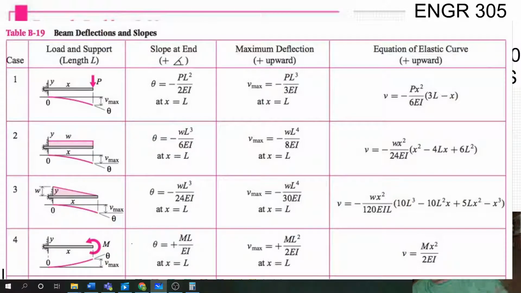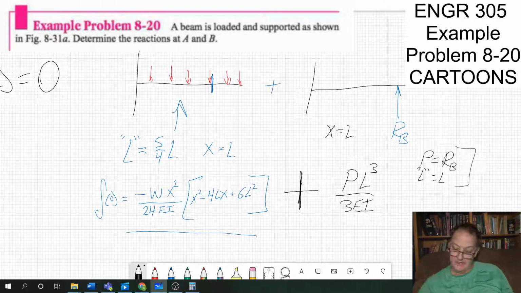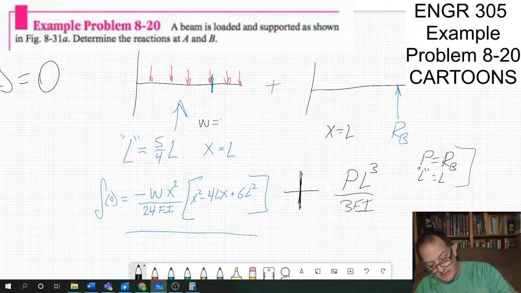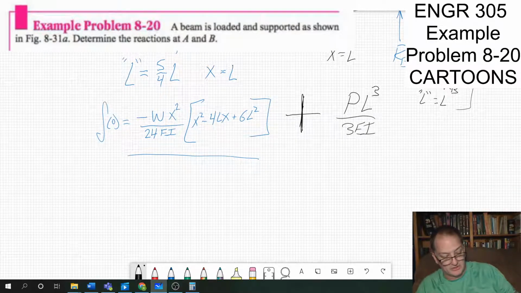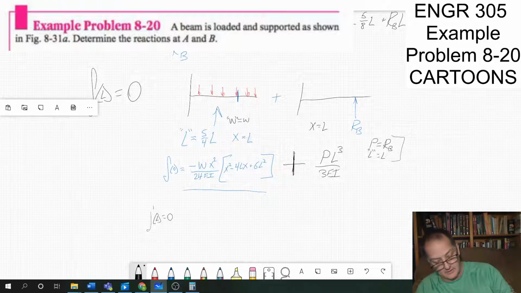In this case, P is equal to RB, L is equal to L, and the distributed load W is equal to W. Okay, now let's substitute in. The deflection at L is equal to 0, not at 0.